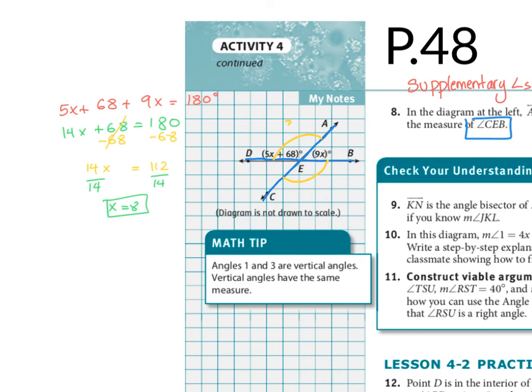So if I find what angle AED is, CEB is going to be equal to that. So 5x plus 68, let's find what that is equal to. So 5 times 8 plus 68, that's going to give me 108 degrees. So this is 108. So angle CEB will also be 108 degrees.